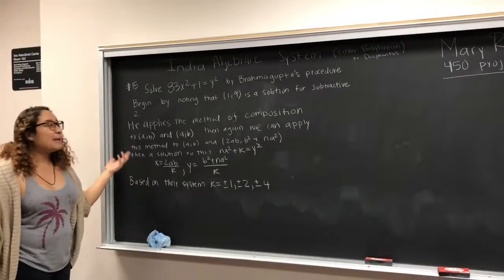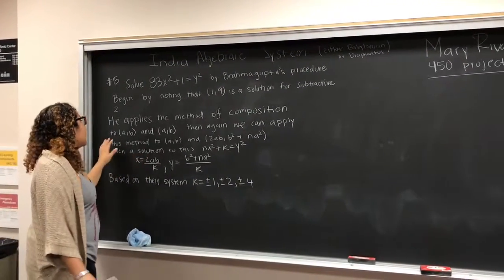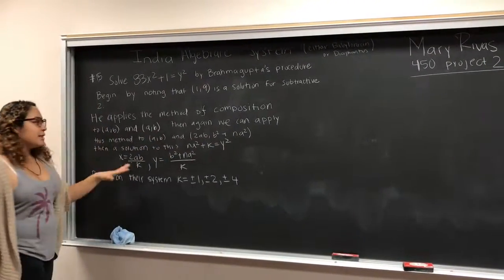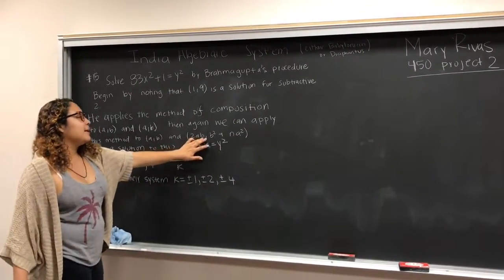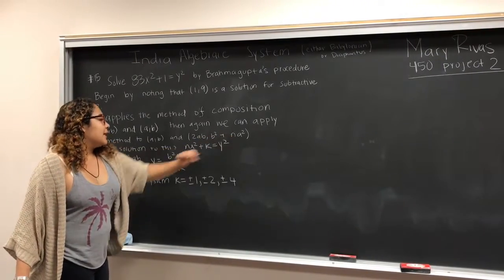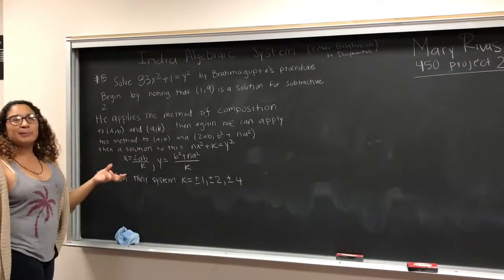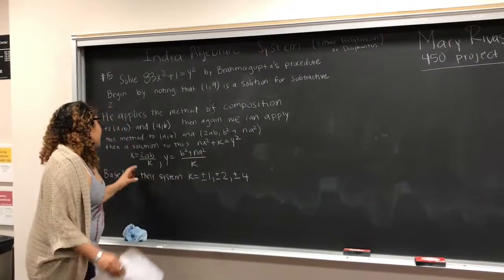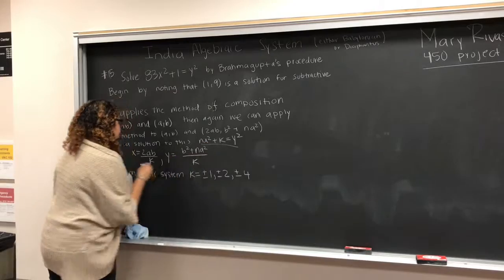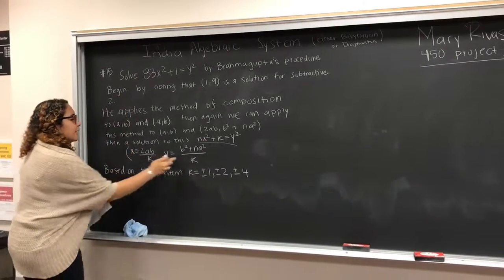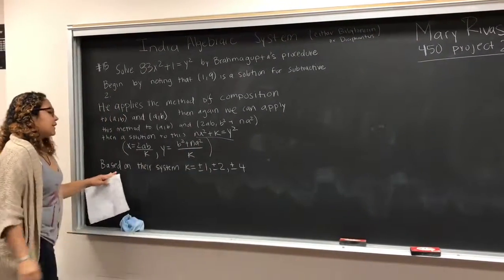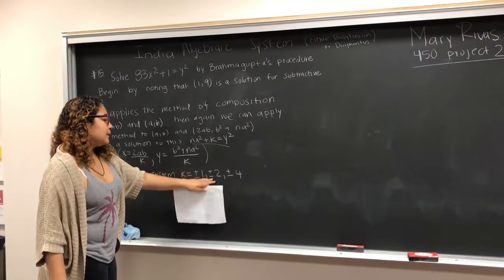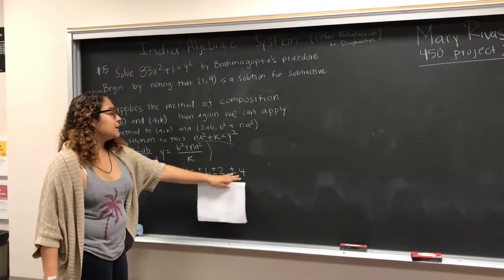Basically, he applies the method of composition to (a, b) and (a, b), and then again to (a, b) and (b squared plus na squared), and he comes up with the solution nx squared plus k equals y squared. This gives him the solution of x and then y, and based on their system, k equals plus or minus 1, plus or minus 2, or plus or minus 4.